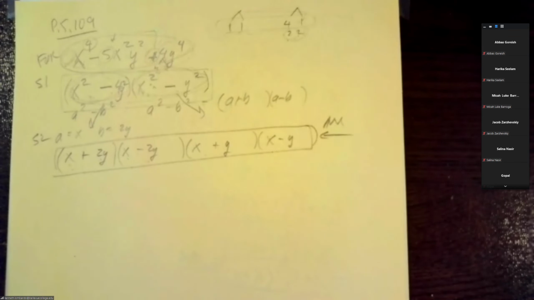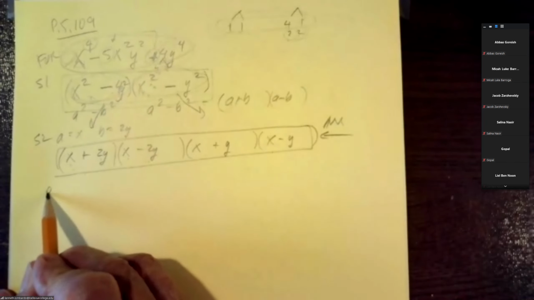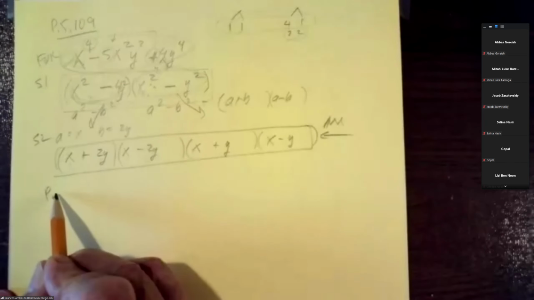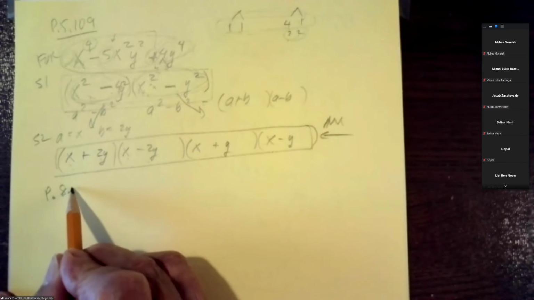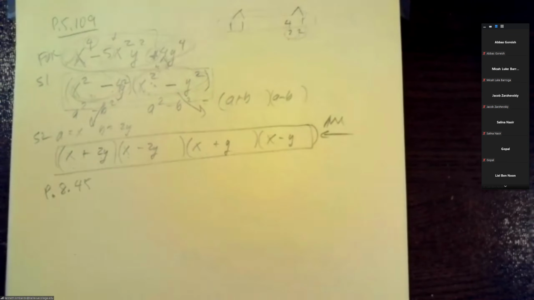I have another question. Sure, go right ahead. It's for P.8, number 45. P as in Paul, 8, number 45.